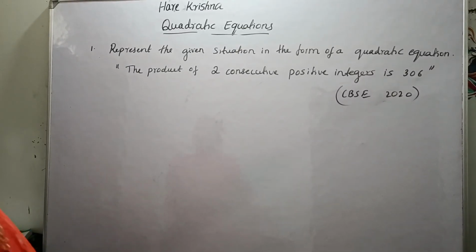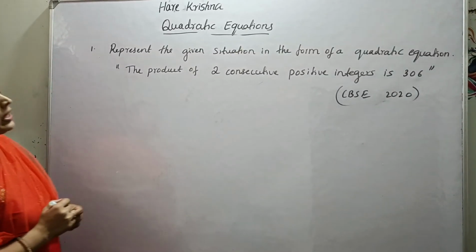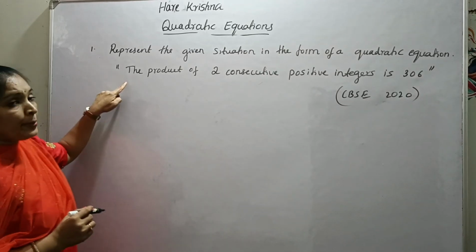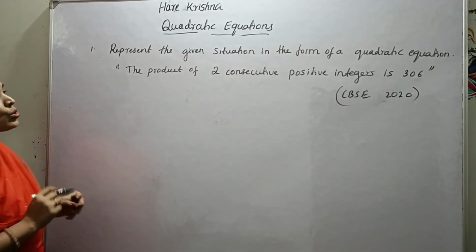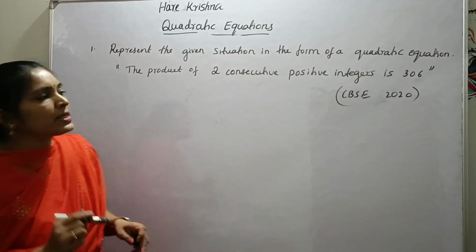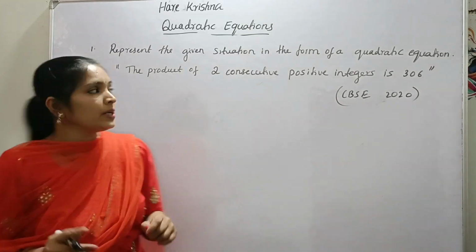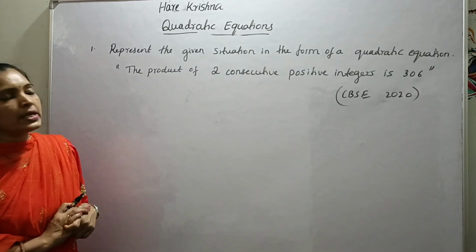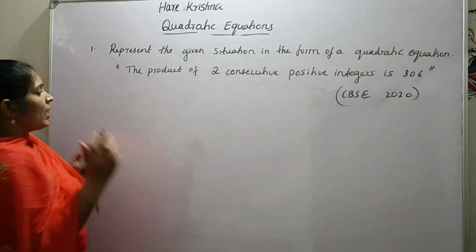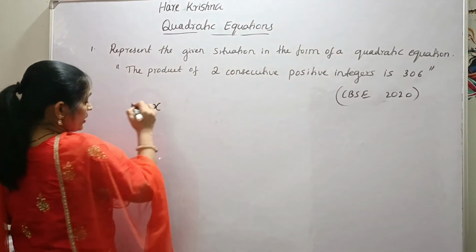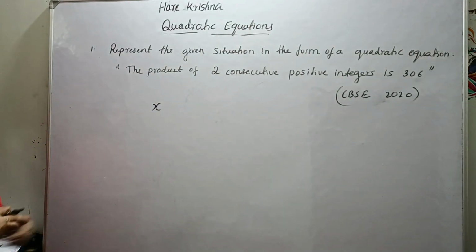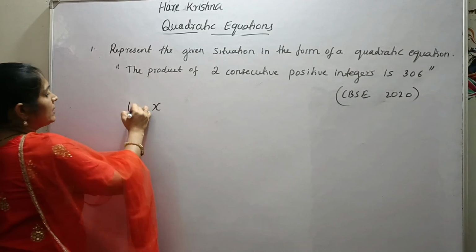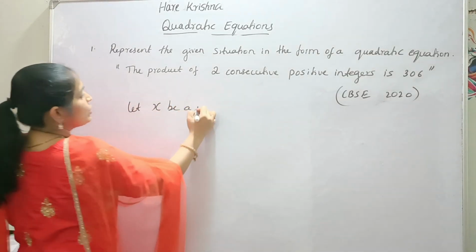Look at this question. Represent the given situation in the form of a quadratic equation. The statement is: the product of two consecutive positive integers is 306. See, let x be a positive integer.